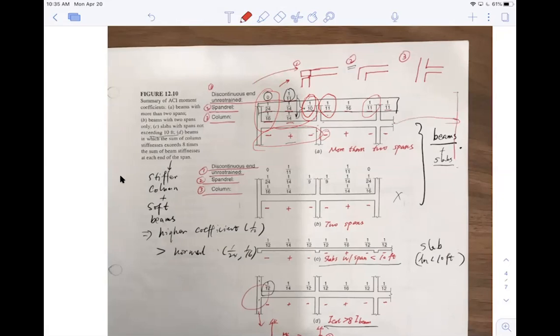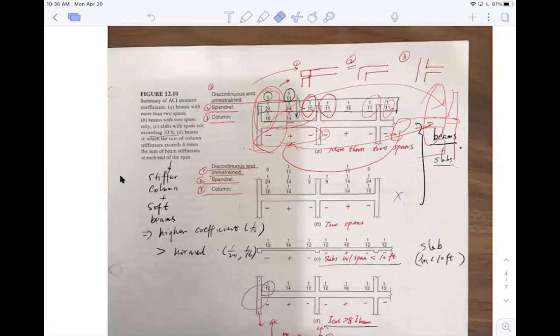If I have the same column end up here, you essentially copy the same thing over. If this span is an internal span, it's 1/11, but if this is an end span, then this is no longer 1/11. It becomes 1/10.